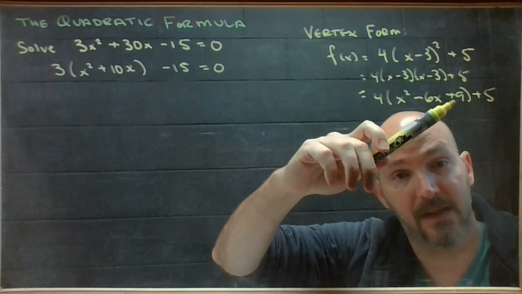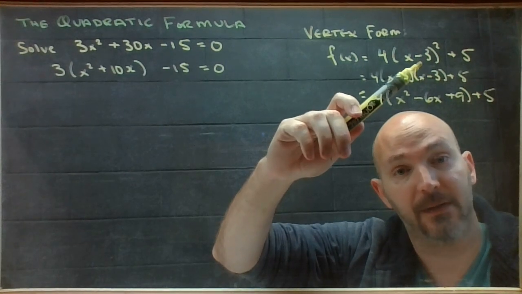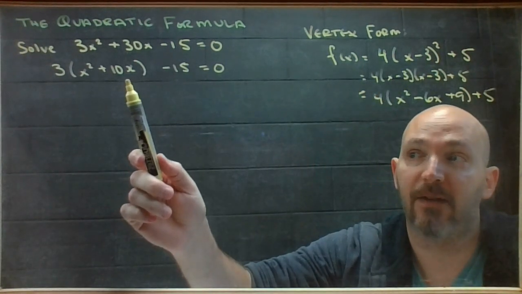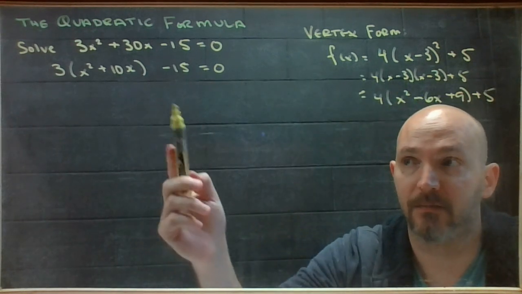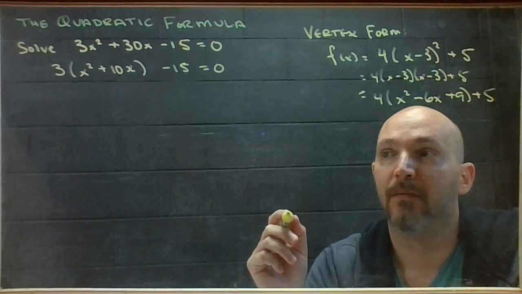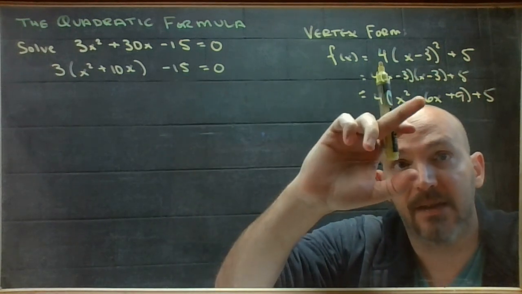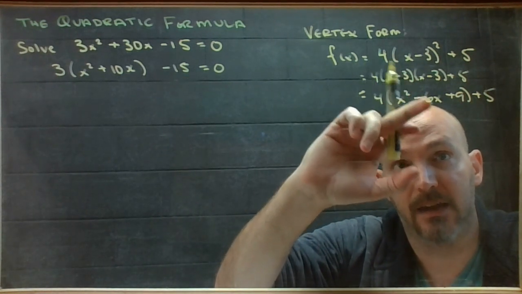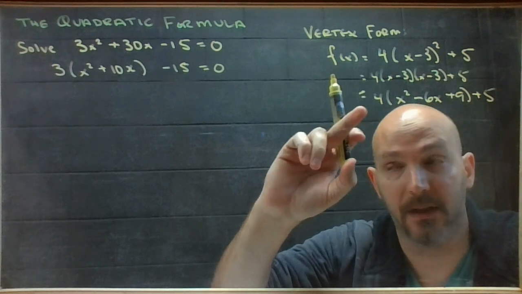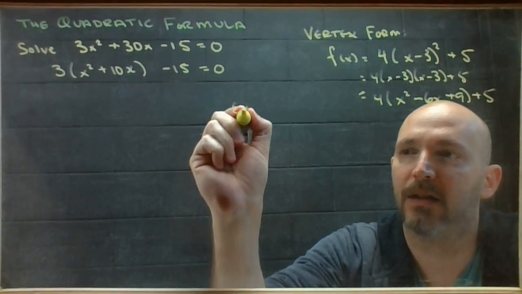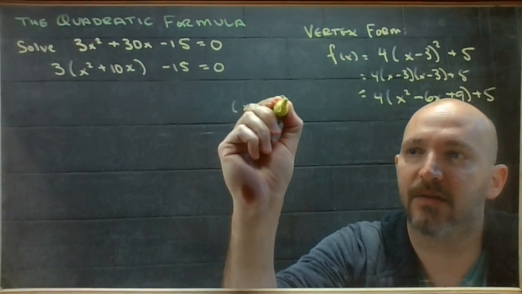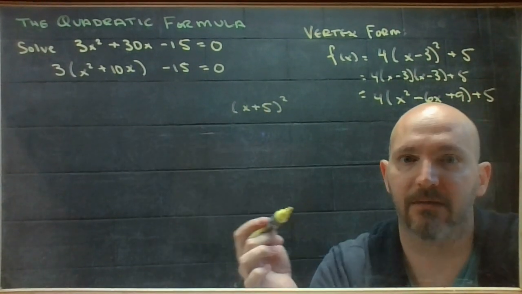And do you notice that this number is that number squared? So I have to build this out of that. Well, if this number and this number are related by doubling it, then this has to come from x plus 5 squared. Half of 10 is 5.